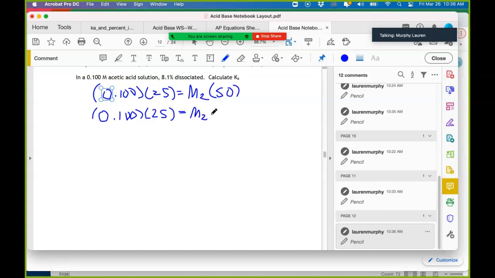I mean, it's pretty apparent these are going to come out to be the same number, just like putting them next to each other. So the question is what is that same number? 0.05, I think, for the acid, 0.05 for the base.